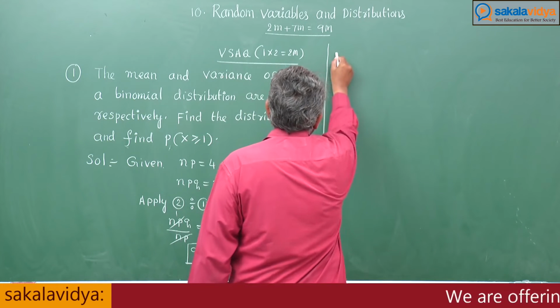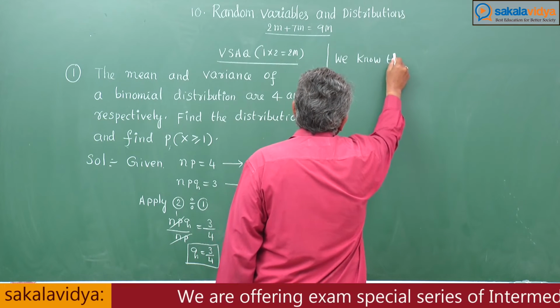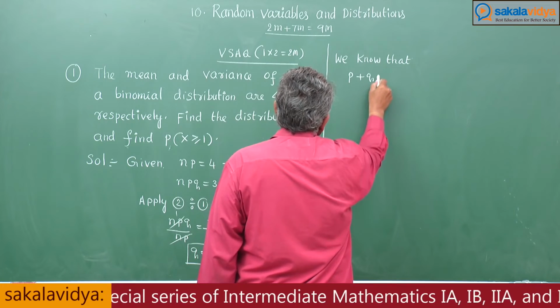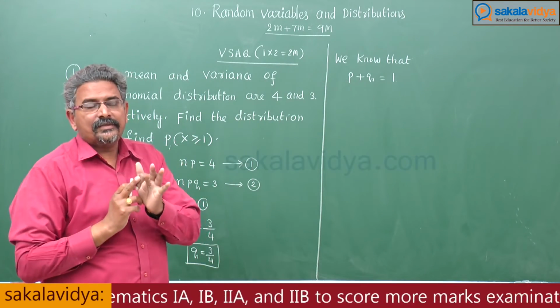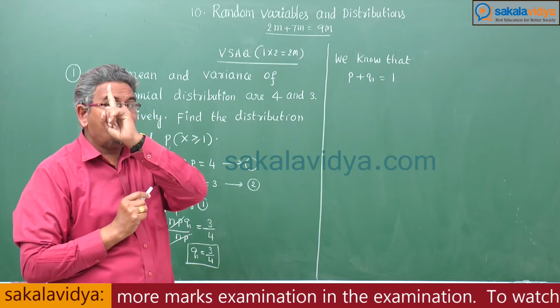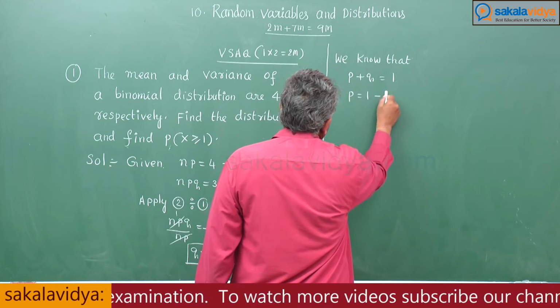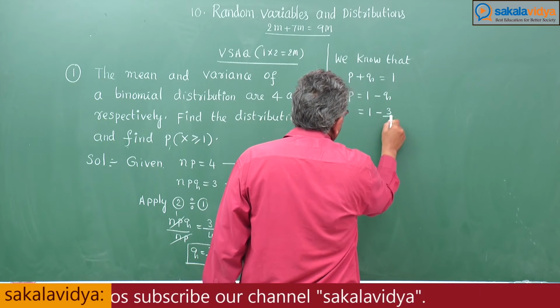We know that p plus q is equal to 1. p stands for probability of success, q stands for probability of failure. Probability of success plus probability of failure is always 1. So p is equal to 1 minus q, so 1 minus 3 by 4.